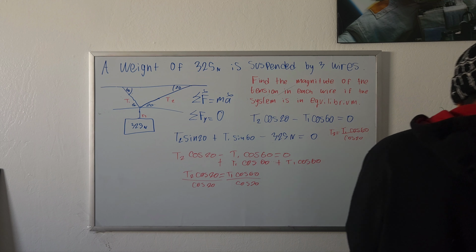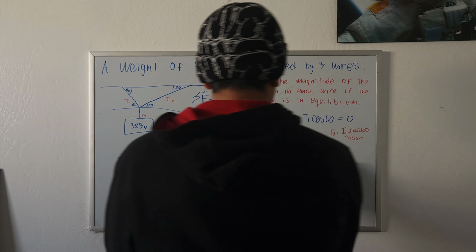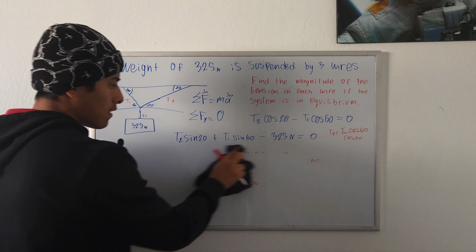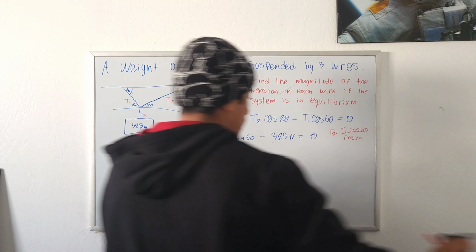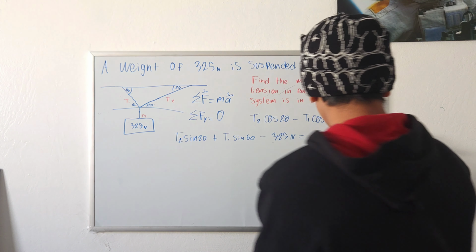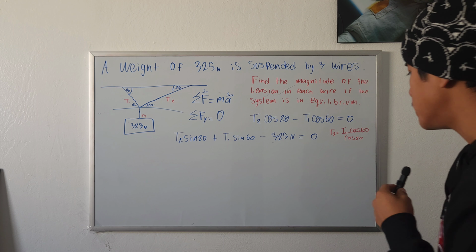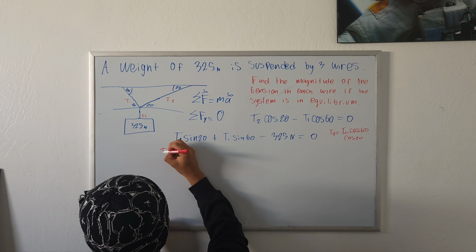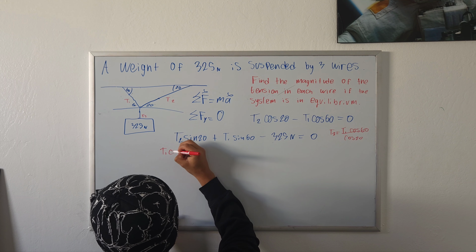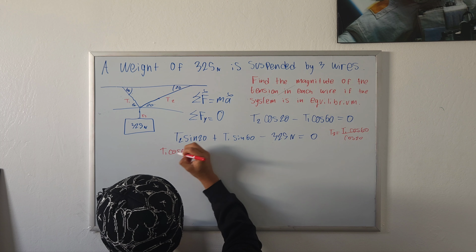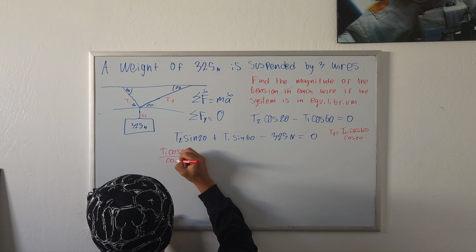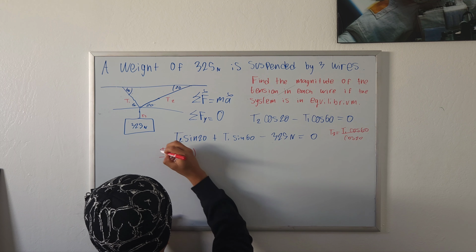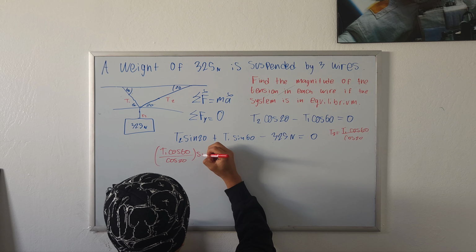And then now what I'm going to do here is I am going to plug in this T2 into this one. And then the only missing variable that I have is T1, so I just solve for T1. So plugging this in, I'm going to get T1 cosine of 60 all over the cosine of 20, multiplying that by the sine of 20.